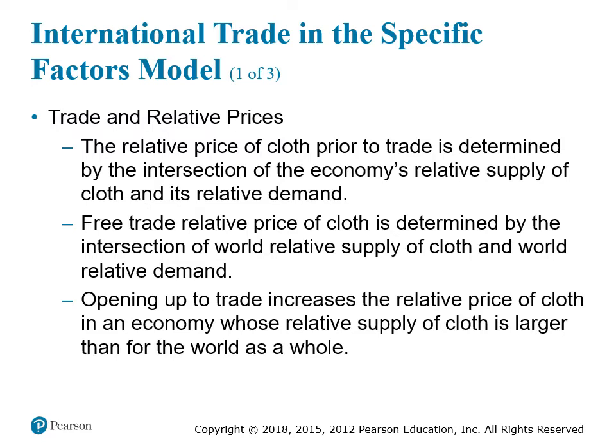The second point is that the free trade relative price of cloth is determined by the intersection of world relative supply of cloth and world relative demand. After a country engages in trade, or when there is free trade, the price of cloth will be determined by the world supply and demand for cloth. So it's not local demand and supply, but what appears in the world market.